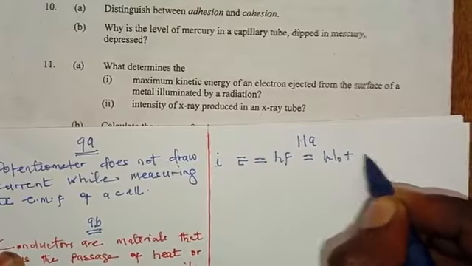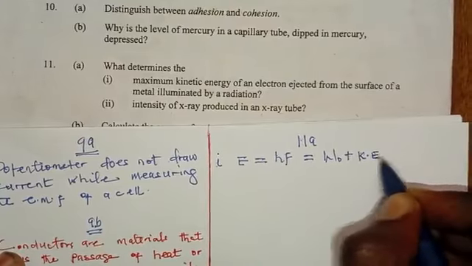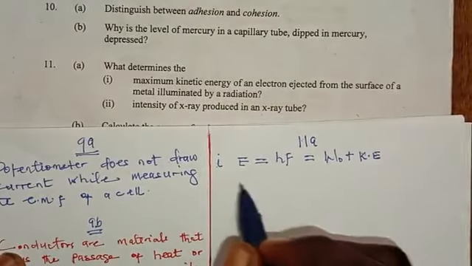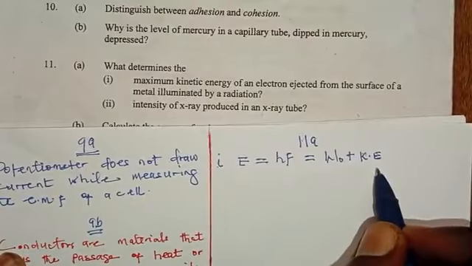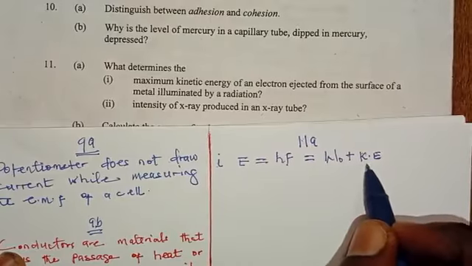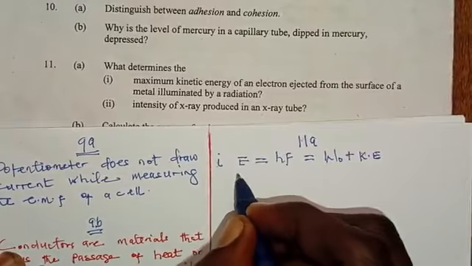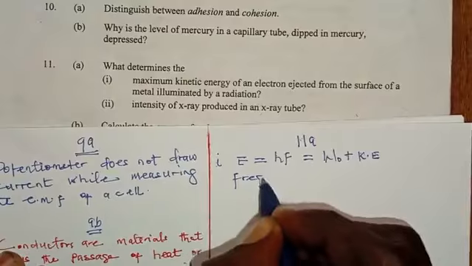It is the summation of work function and the kinetic energy needed for the electron to move from the metal surface. So the thing that determines the maximum kinetic energy of the ejected electron is the frequency.